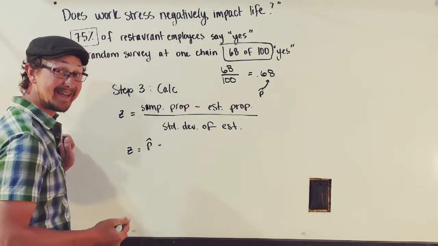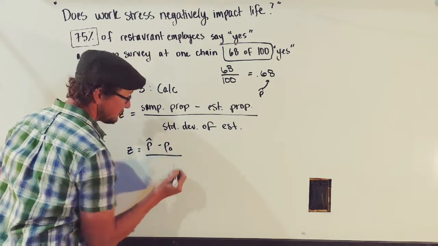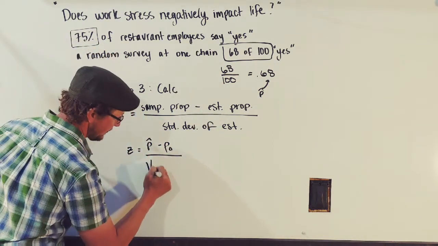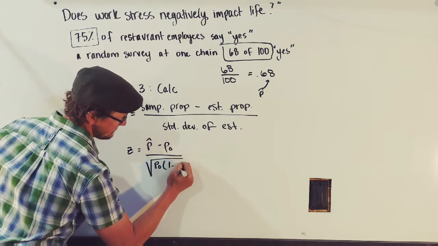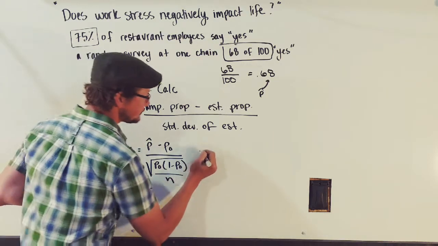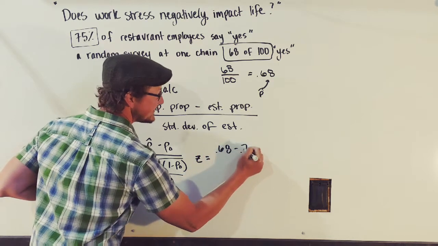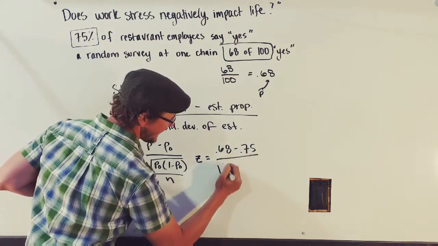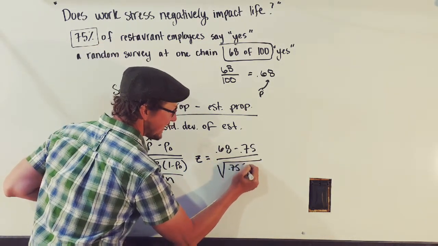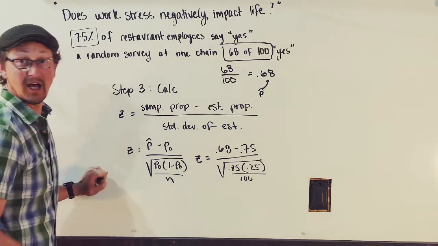Minus my hypothesized proportion, divided by the standard deviation of this hypothesized proportion. Dropping our numbers in, Z is going to be equal to 0.68 minus that 75% divided by the square root of 0.75 times 0.25 over my sample size of 100.